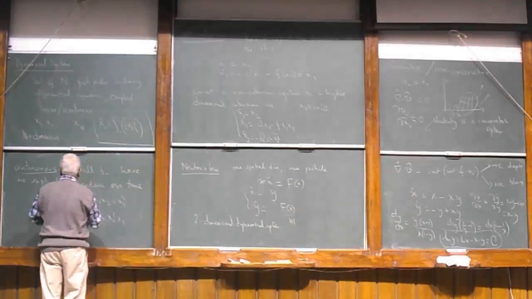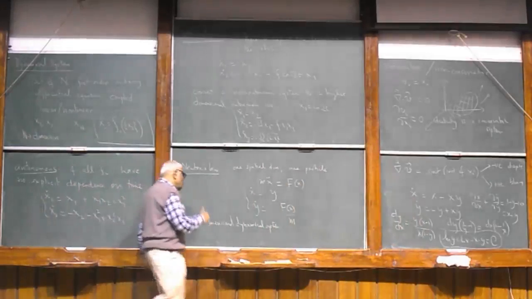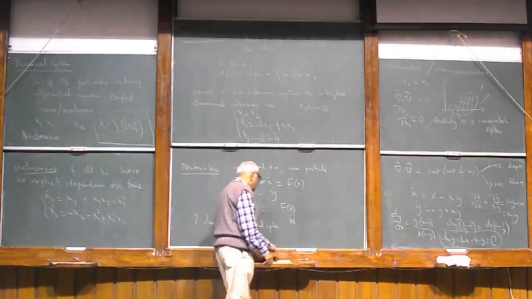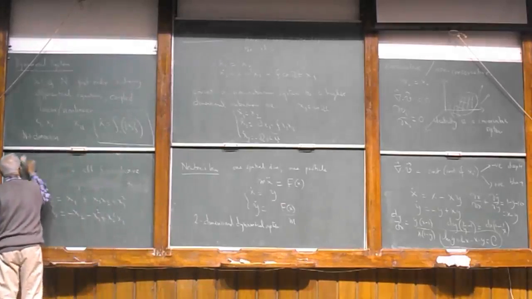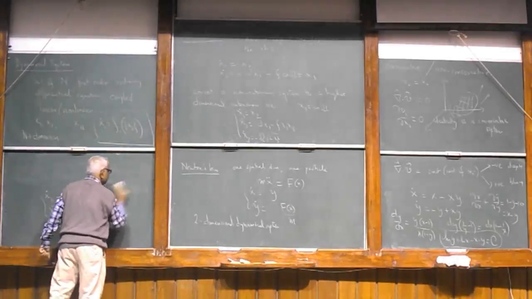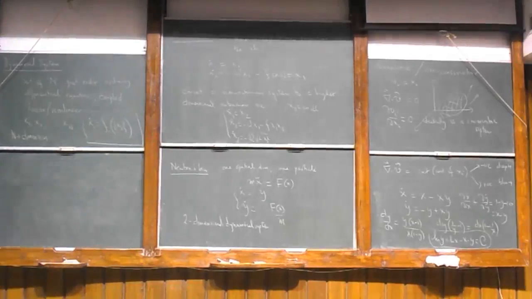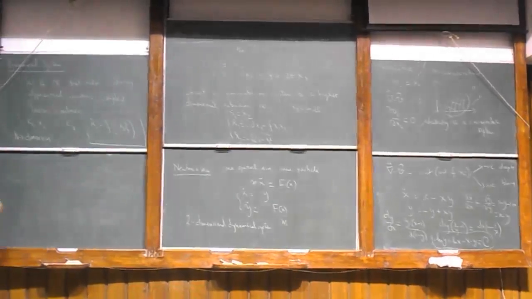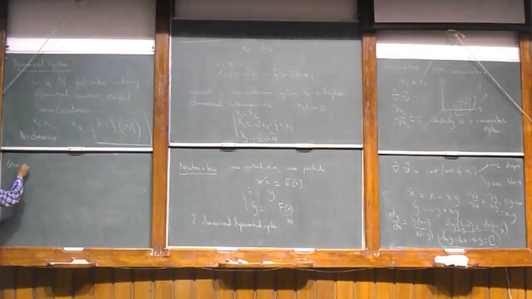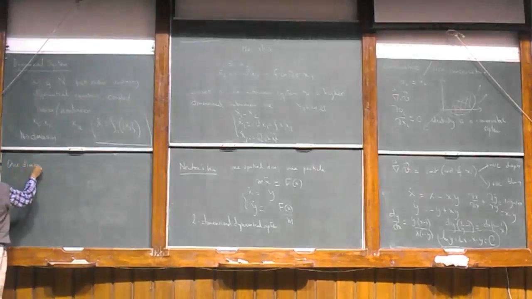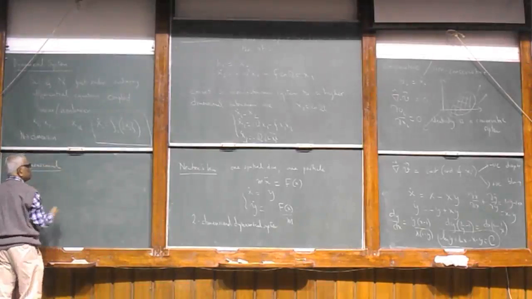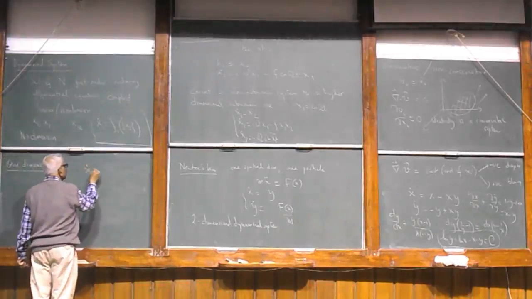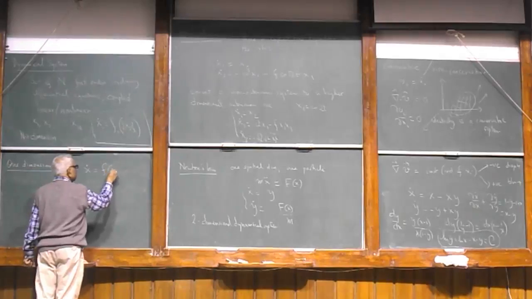And now one can simply go ahead and study these systems, increasing the complication step by step. So we are going to start with a one-dimensional system, which is x dot equal to f of x.